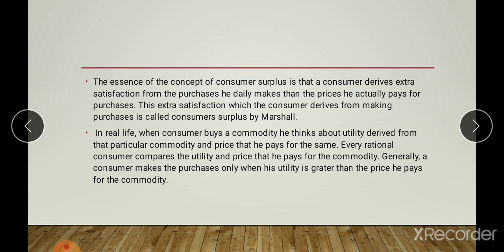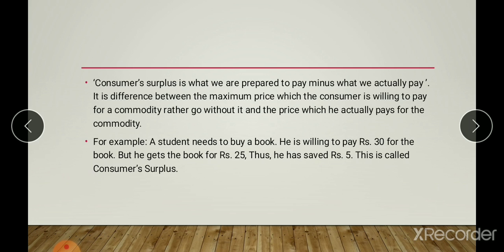Generally, a consumer makes the purchase only when his utility is greater than the price that he pays for the commodity. And consumer surplus is what we are prepared to pay minus what we actually pay. It is the difference between the maximum price which the consumer is willing to pay for the commodity rather than go without it and the price which he actually pays for the commodity.